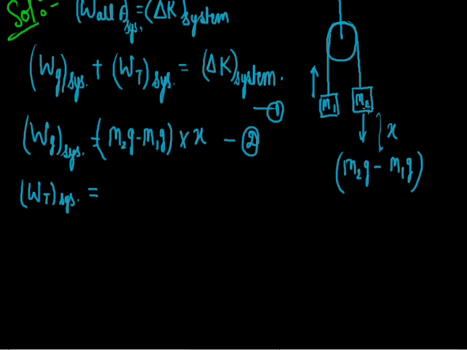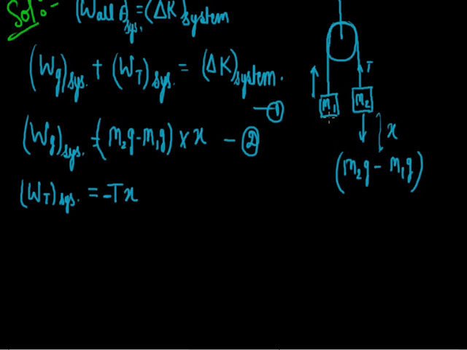For block m2, when it moves in the downward direction, the tension acts in the upward direction. Suppose the tension is T. The work done is minus Tx, because displacement is downward and tension is upward.